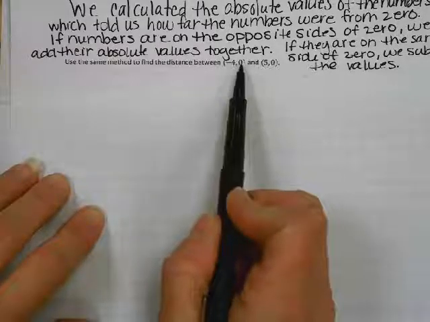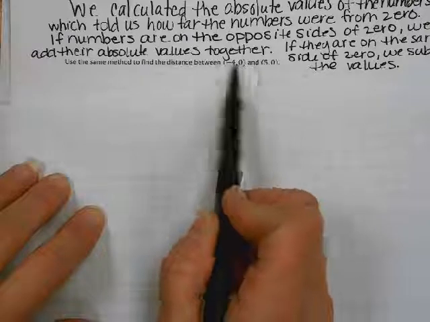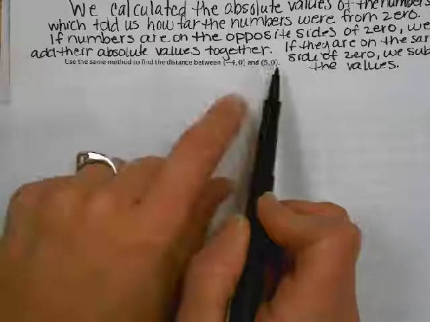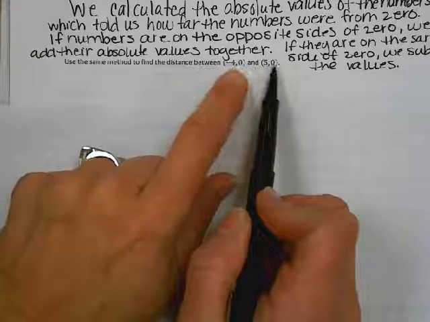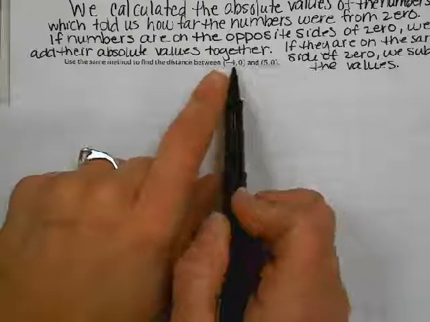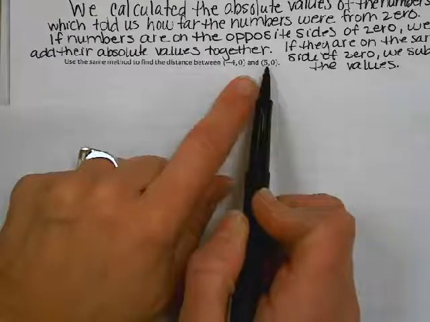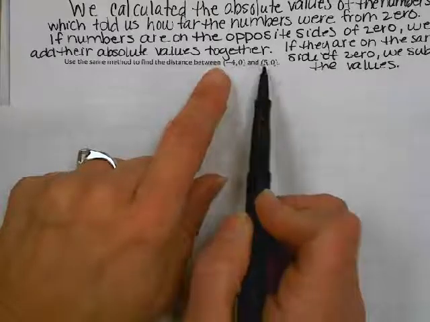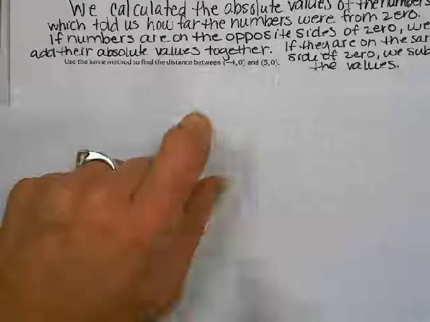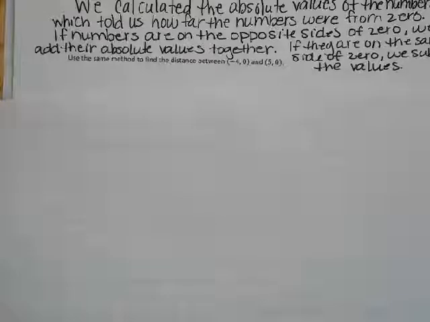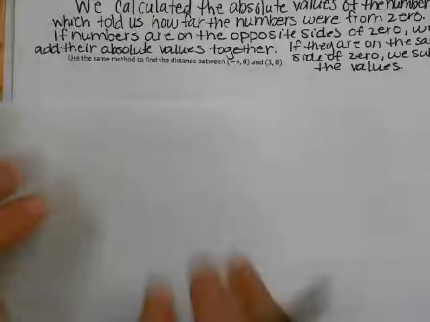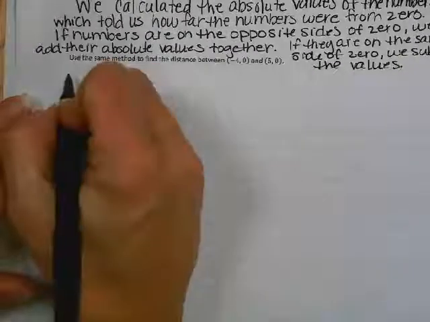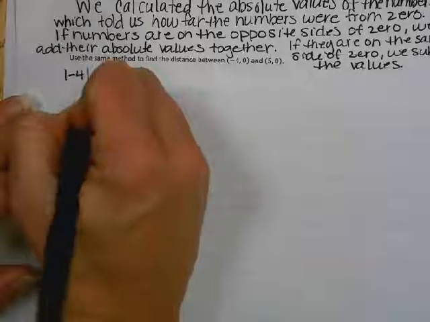So when you're looking at the two coordinates that are not the same, again, my zeros are the same y-coordinate. My x-coordinate is -4 for this ordered pair and 5 for this ordered pair. If one of the coordinates is negative and the other one positive, that means they are on the opposite side of 0.